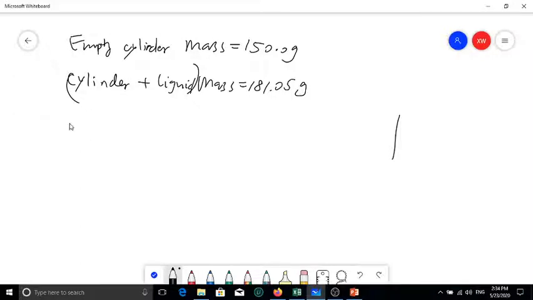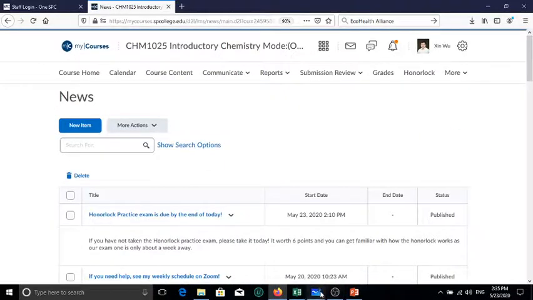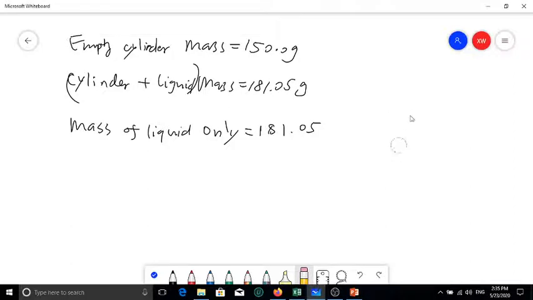So the mass of liquid only is going to be the total mass minus the empty cylinder. So 181.05 minus 150 grams, which is 31.05 grams. So this is what we believe is the mass of the liquid itself.